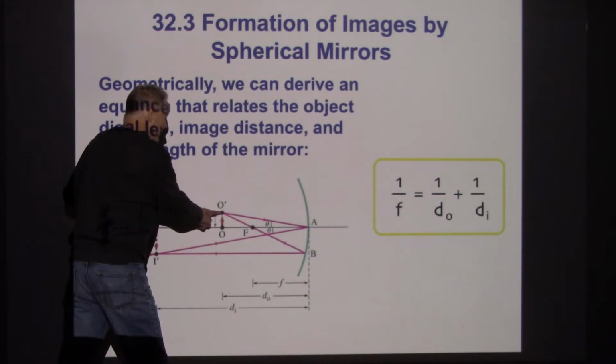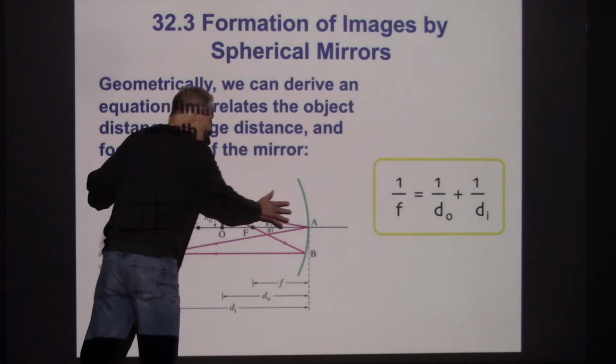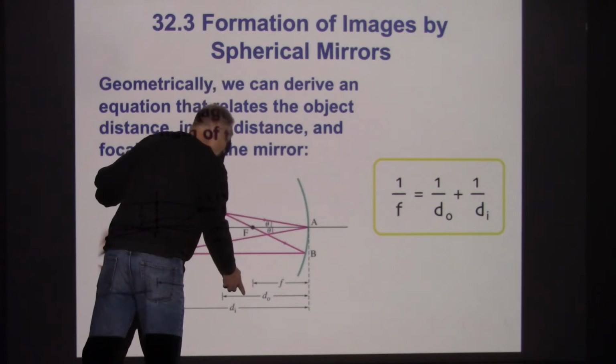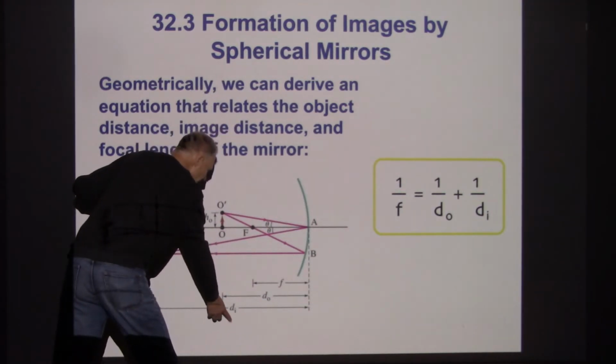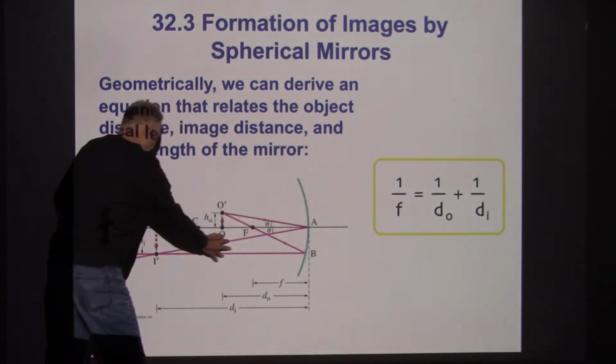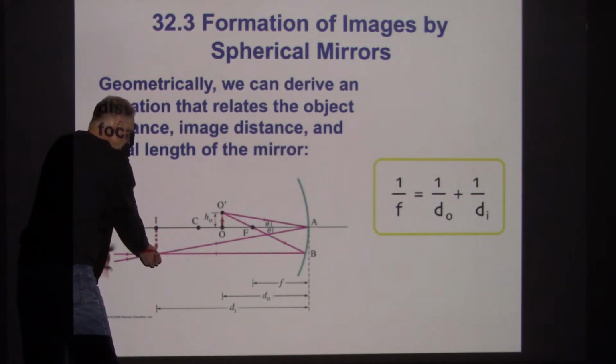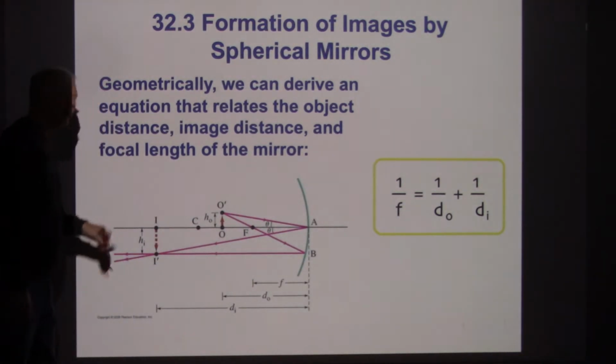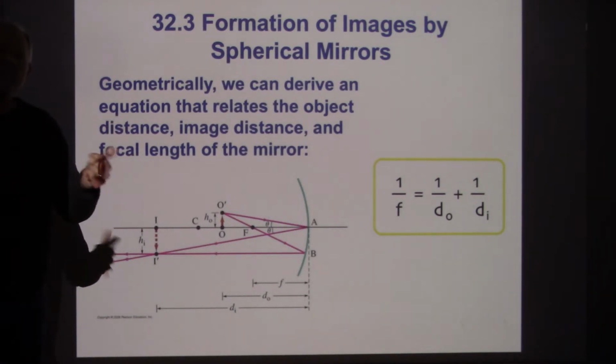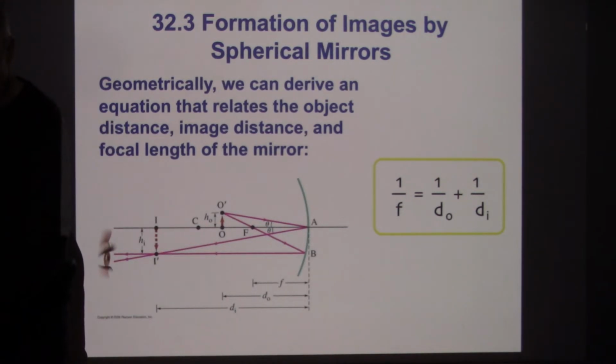If the object is on the side of the mirror where the light is actually approaching the mirror, that's a positive DO. If an image is on the side of the mirror where the light actually comes together, that's a positive DI. So that's a positive DO and a positive DI.